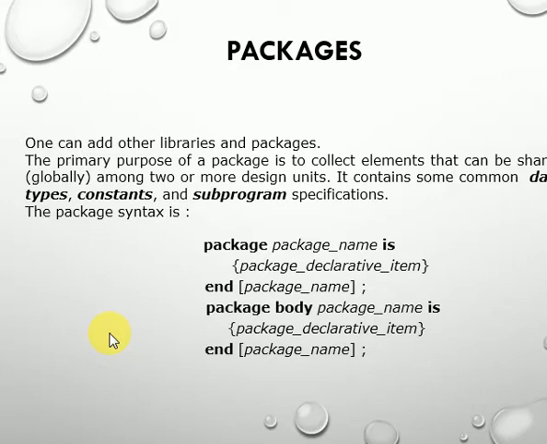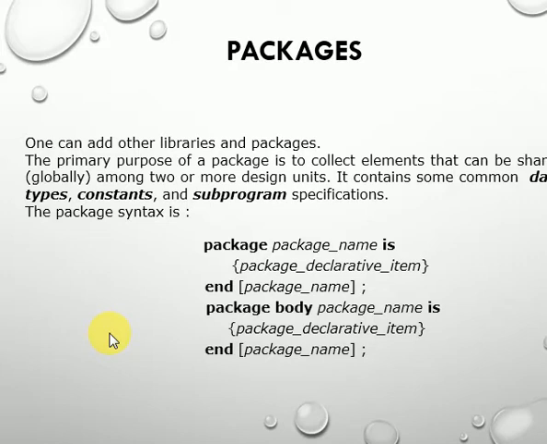Okay, so whatever items need to be seen by the design unit are present in the declaration, and then a package body contains the implementation details of the subprograms which are declared in the package declaration.